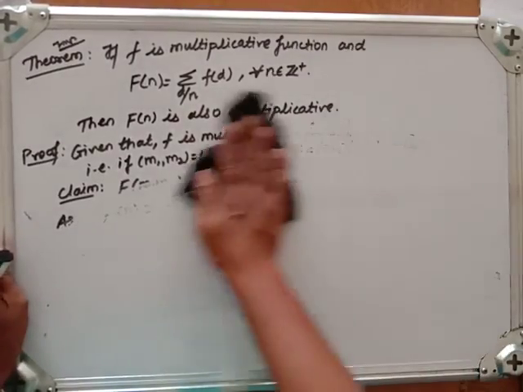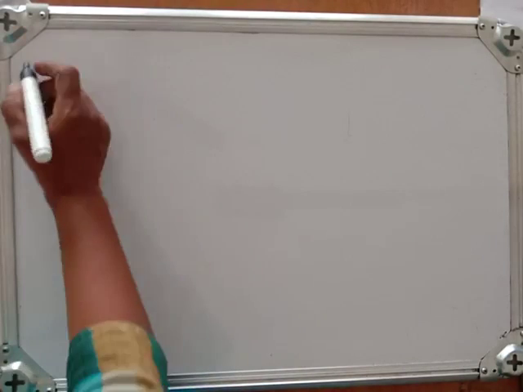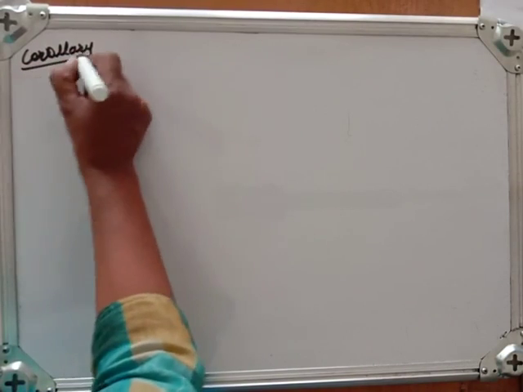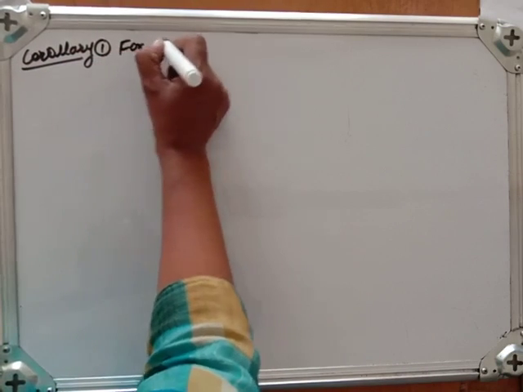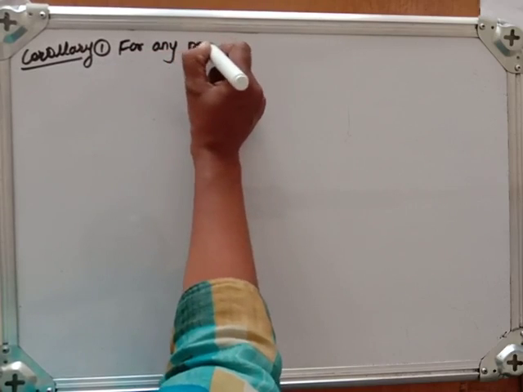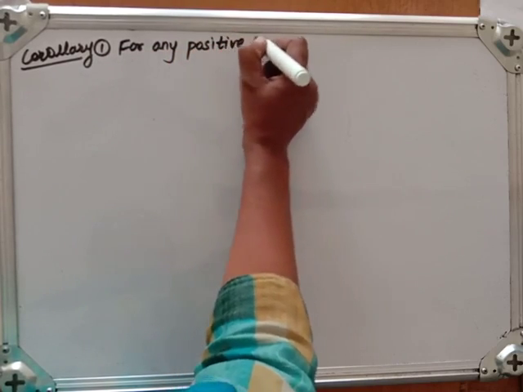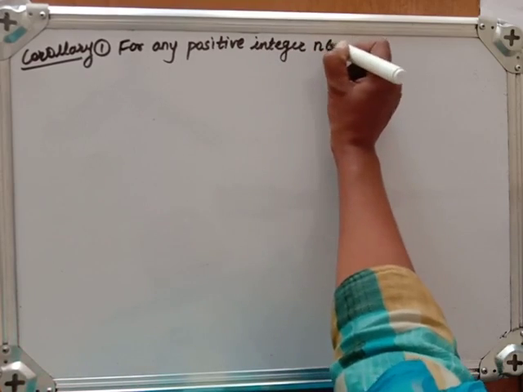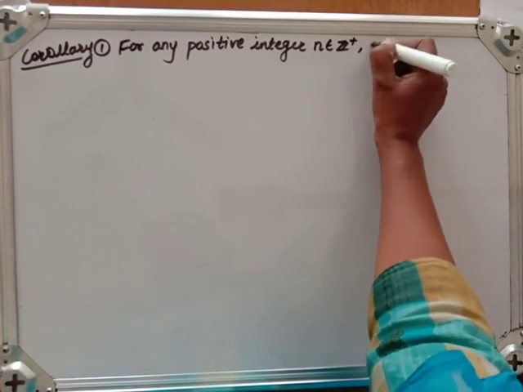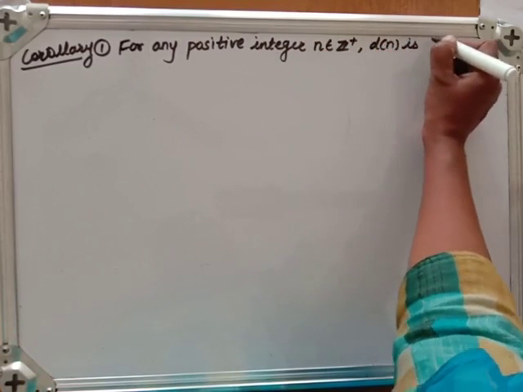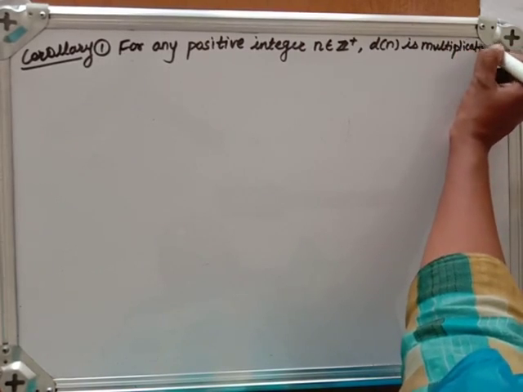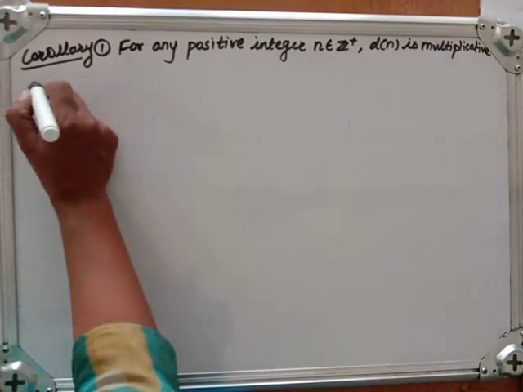Now let's see corollaries on this. Corollary 1: for any positive integer n, d of n is multiplicative. Proof.